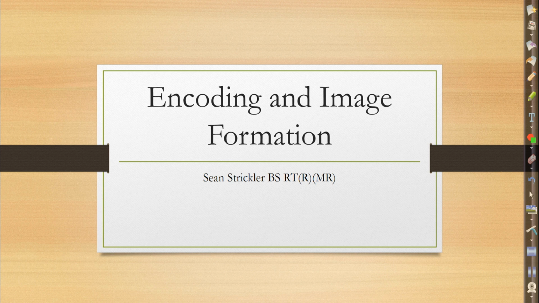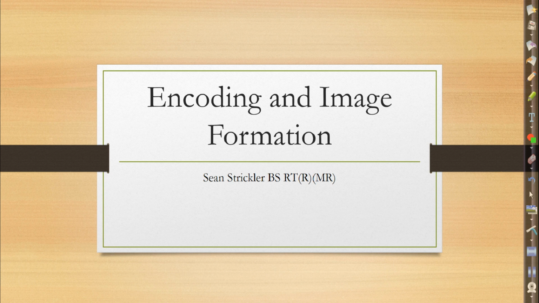All right, so today we're going to be going over image encoding and formation. We're really going to be talking about spatial localization and how to spatially locate the signal that we're collecting from our patient. We have our patient going into the bore of the magnet, exciting those hydrogen protons, and then we usually apply an RF pulse to flip them into the transverse plane, and we have receiver coils on the patient at 90 degrees to collect that signal.